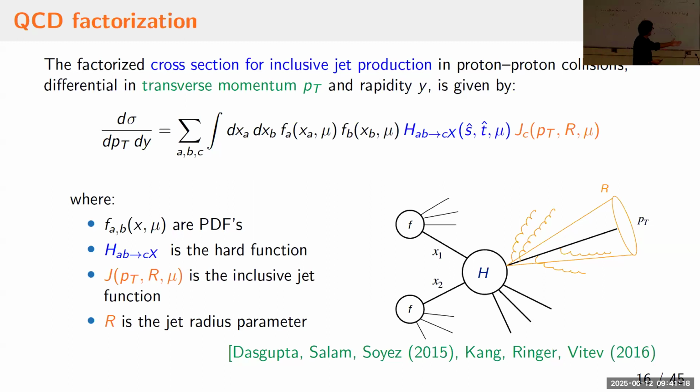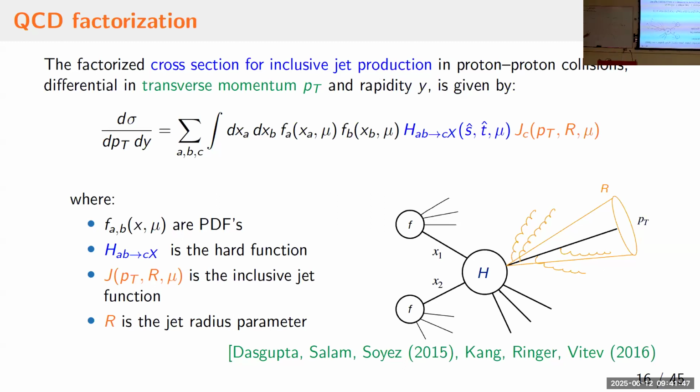Suppose you have, at leading order, two quarks that would interact, producing the jet. So you would have this kind of 2-to-2 matrix element, right? You would, of course, integrate over the away-side jet, and you measure the jet that's in here, right? So this would be a process which is alpha s squared. That's the leading order, right?